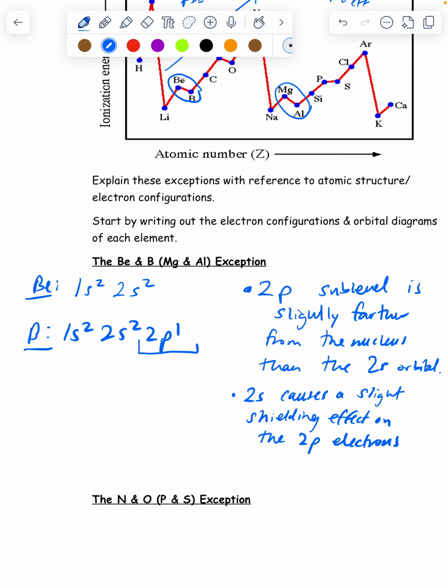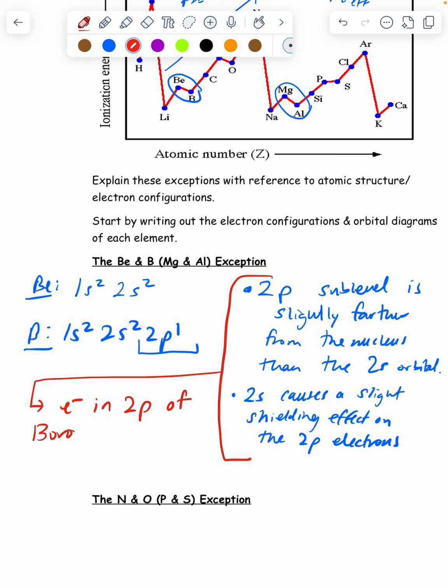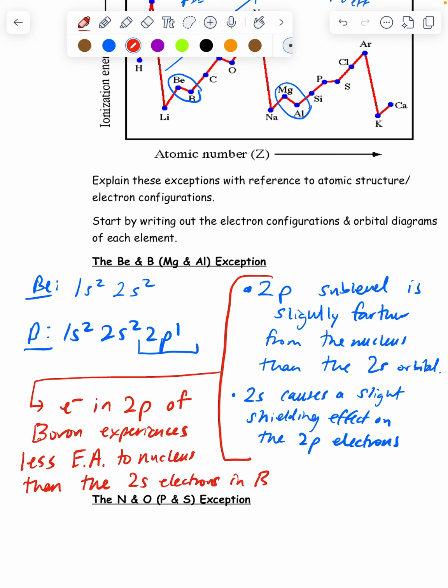Okay, if an electron is farther from the nucleus, or if an electron is more shielded from the nucleus, either way, that electron will experience less attraction. So either one of these things you want to say, or both of these things if you want to say it, we would say the electron in the 2p of boron experiences less electrostatic attraction to the nucleus than the 2s electrons in beryllium.